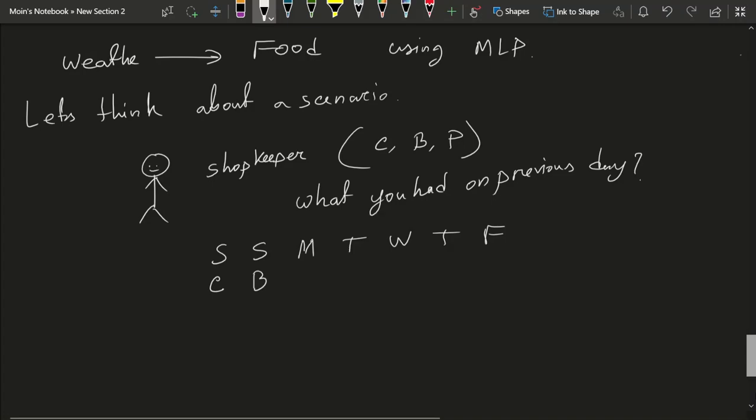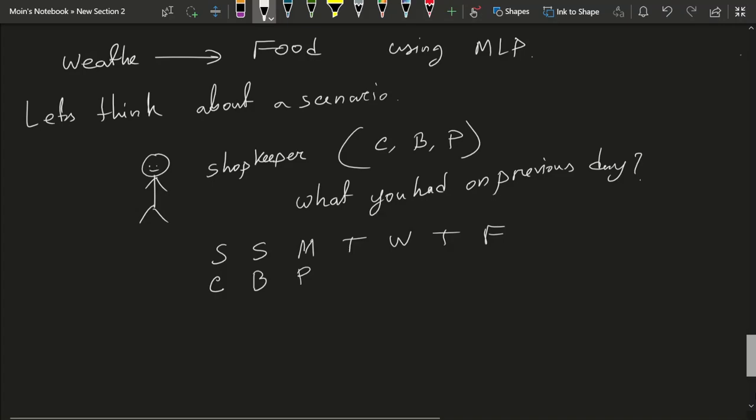So the shopkeeper basically tries to provide you the next food item on his shelf, which you didn't have on the previous day. If you go on Monday, he asks the same question, and you answer burger, then he will give you a pizza.